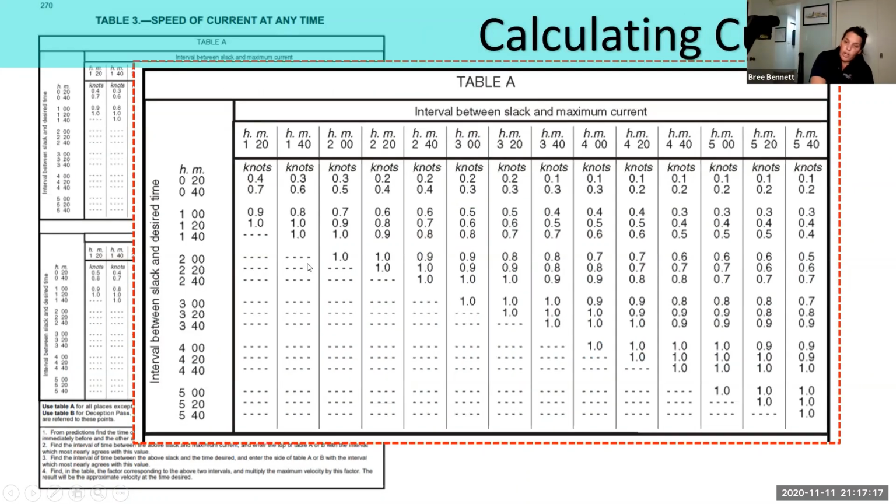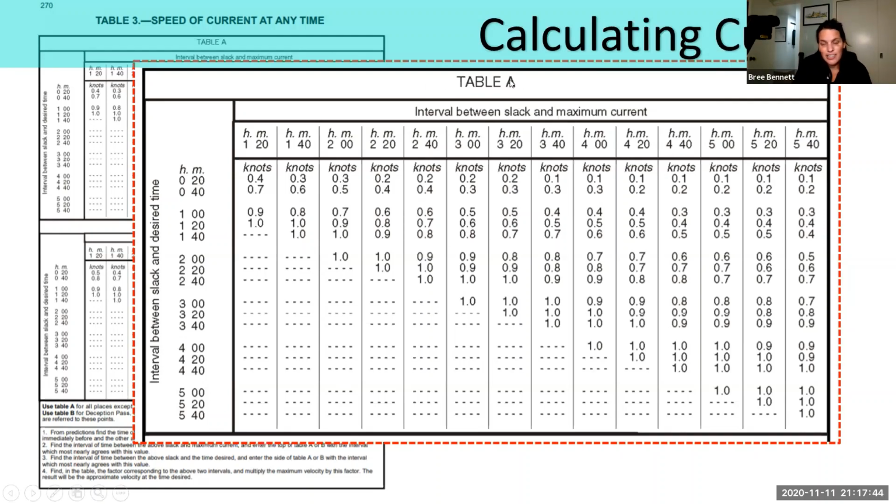So then we also have our table 3, which is going to give us our current at any given time. So our table 1 and 2 gives us that slack and that maximum. But what if we want to know what the current is at a specific time? Or if we want to know when the current is going to be a certain number? So we use this table 3.